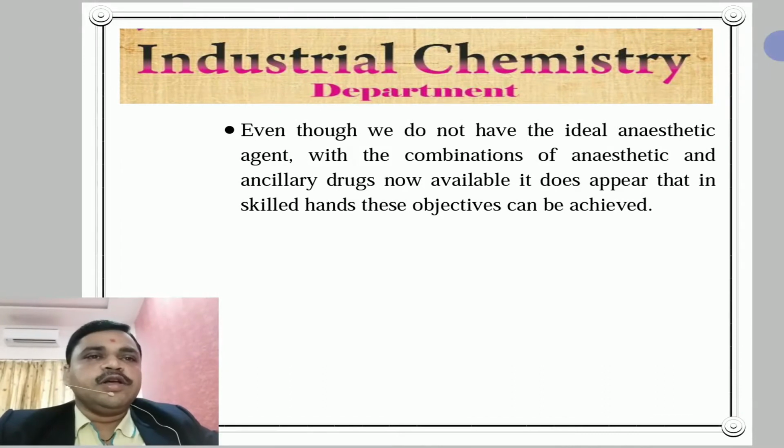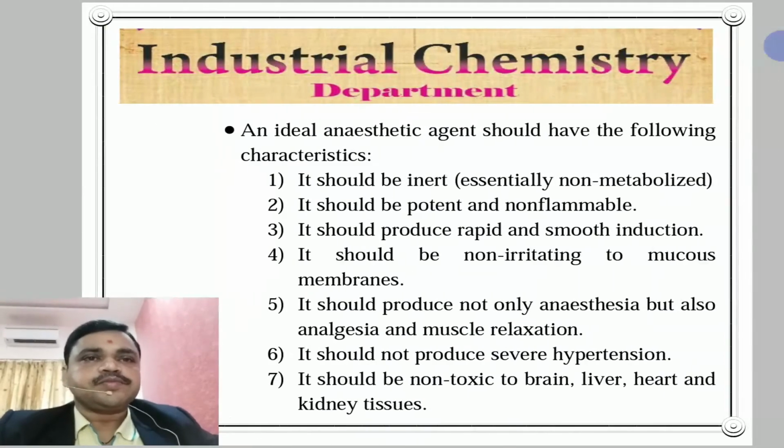Even though we do not have the ideal anesthetic agents, with the combination of anesthetic and ancillary drugs now available, it does appear that in skilled hands this objective can be achieved.